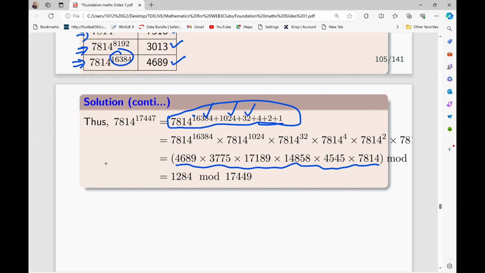To combine these two, the answer you get is combined with this, as you do mod 17449, and then in bits. But even if you combine the three, the calculator will not do it. It will be huge than the calculator can accommodate. So just deal with two at a time, and then you'll arrive at this answer.